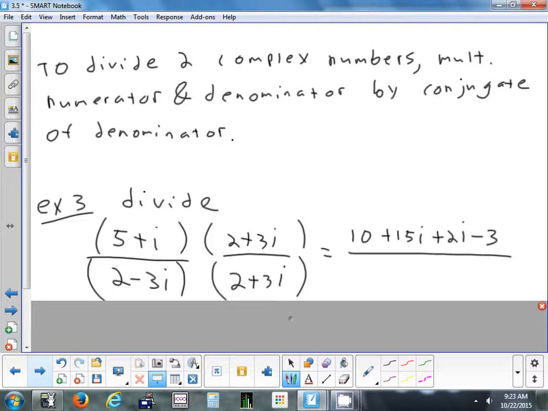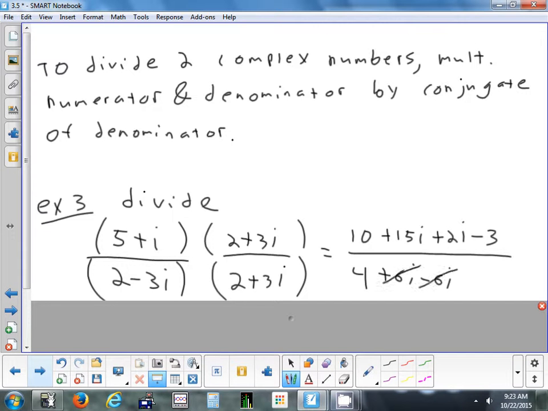Okay, now in the bottom, watch what happens when you multiply conjugates. This always happens when you multiply conjugates. 2 times 2 is 4. What's 2 times 3i? 6i. What's 2 times negative 3i? Negative 6i. That's always going to happen.